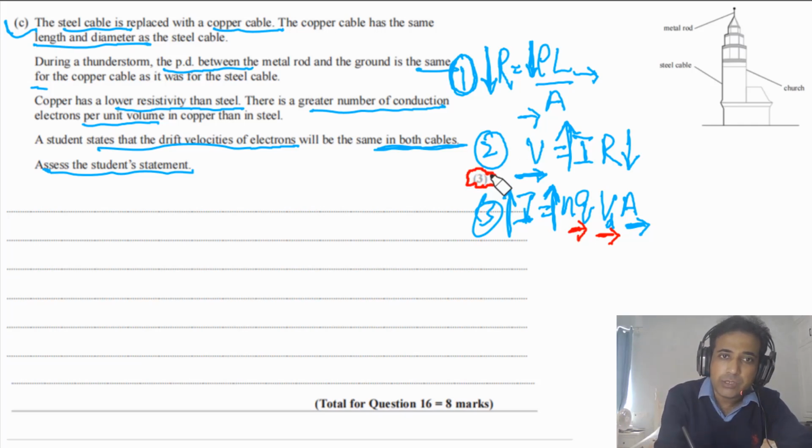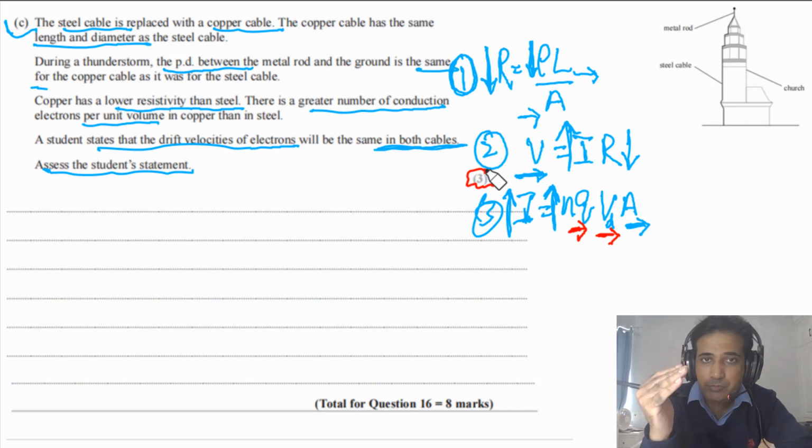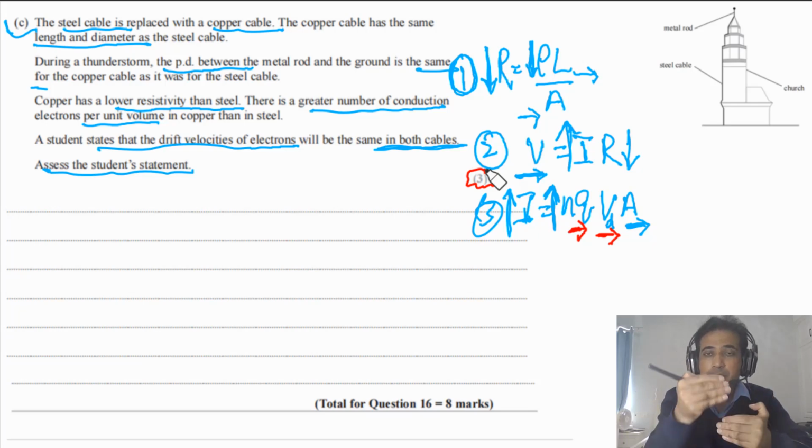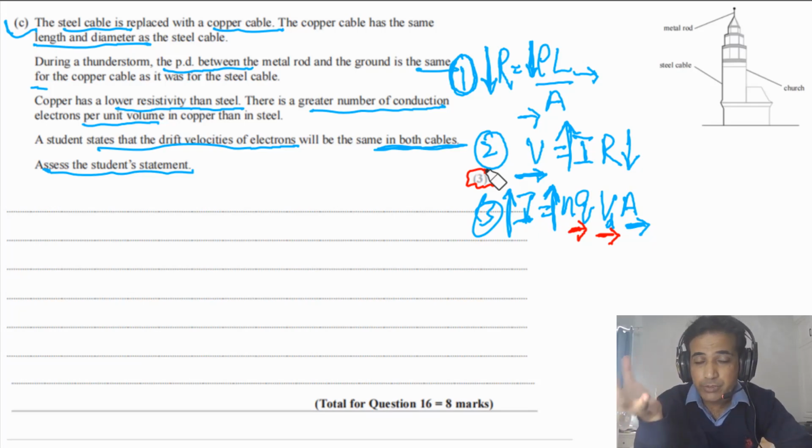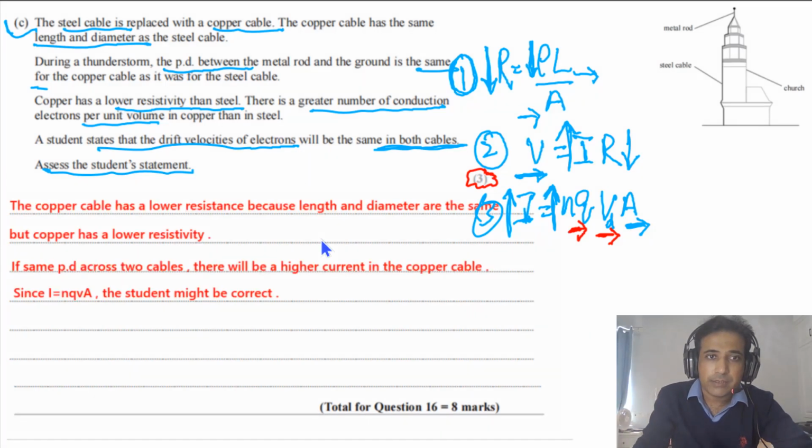So this is how systematically you can approach the problem. What is given to you and what you can get from that, then you need to connect with the next concept, then with the next concept. This is how we approach problems in physics. Now let me show you the answer, how you can write it down.